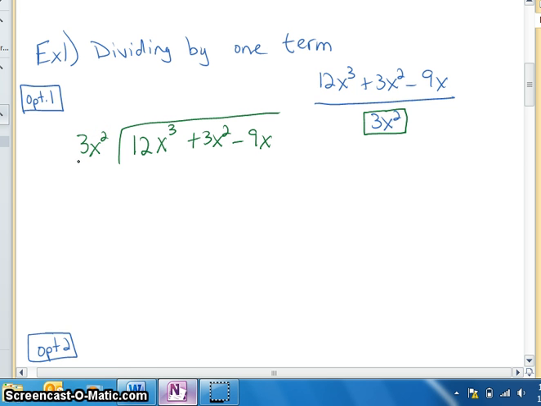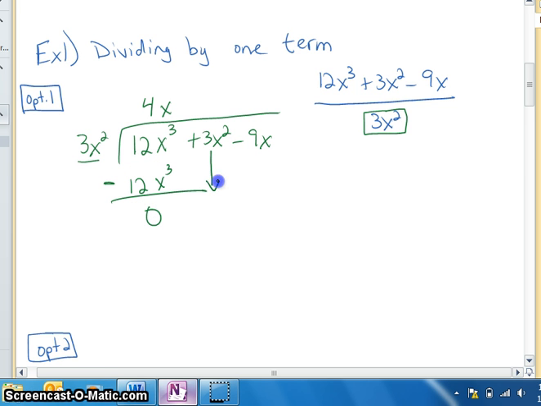Well, how many times does 3x squared go into 12x cubed? 4x. And I got that because I know 4 times 3 is 12. x times x squared is x cubed. So when I subtract these, I'm going to be left with 0. There's nothing left there.